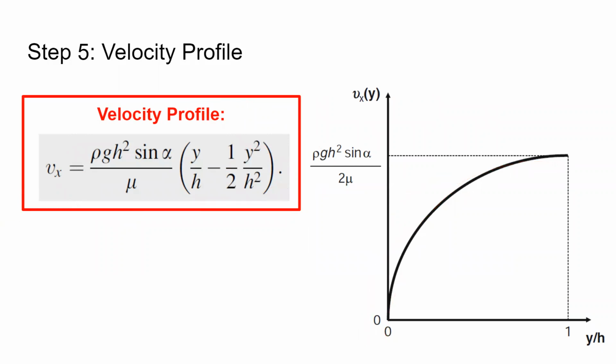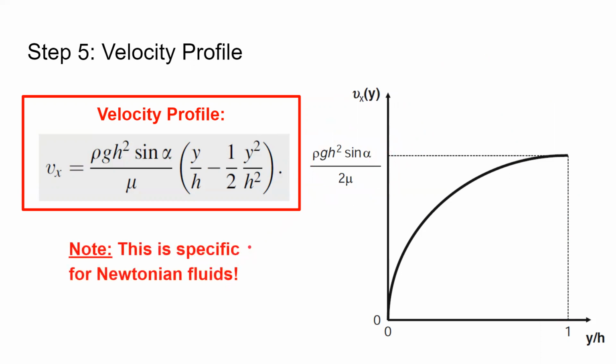And right away, we can see we have our maximum velocity at y over h equals 1, which means y equals h. At the top of our flow, we have the maximum velocity. And our maximum velocity is given right over here. And this is also specific for Newtonian fluids, especially because of that constitutive equation we used in step 4.